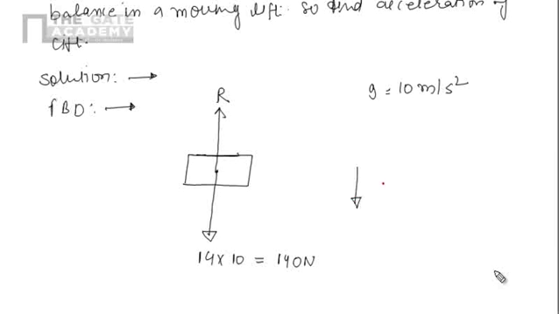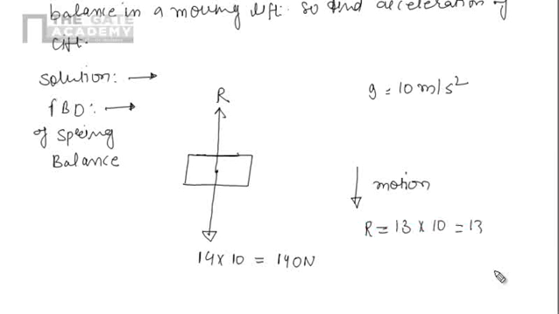I am drawing the free body diagram of the spring balance. Here R is nothing but the weight shown by the spring balance. We already know R is 13 kg, so R is 13 into 10, that is 130 Newton. So we know the value of R, that is the apparent weight.